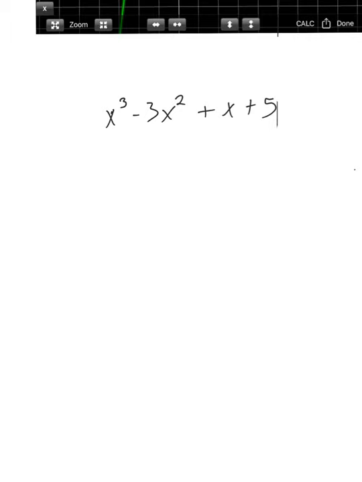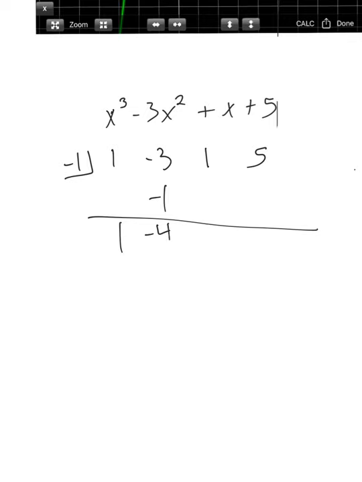Okay, so synthetic division, we know -1, 1, -3, 1, 5, right? 1, -1, -4, 4, 5, -5. This gives us the 0.